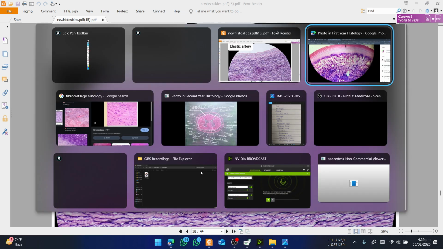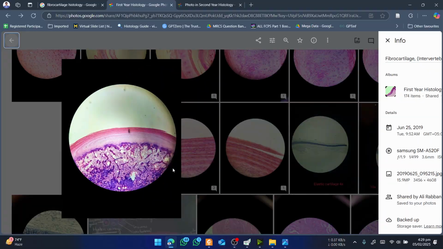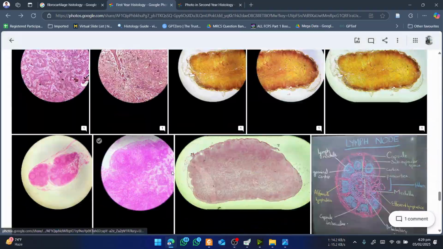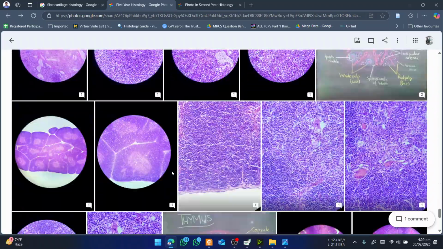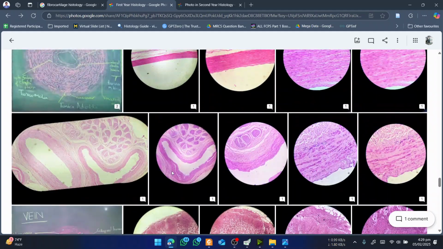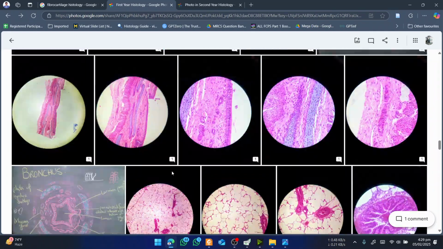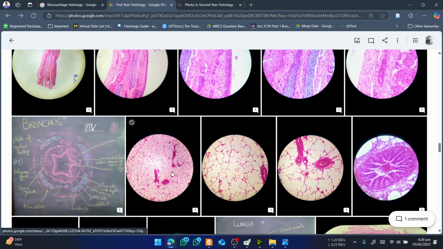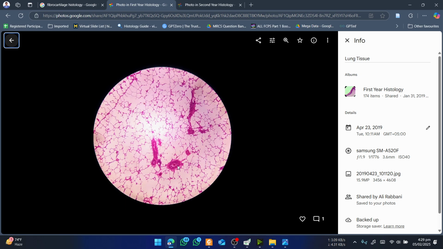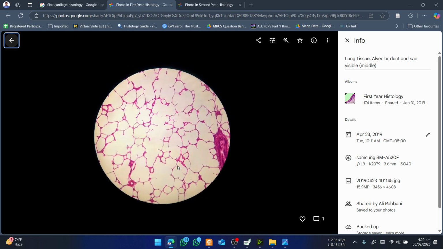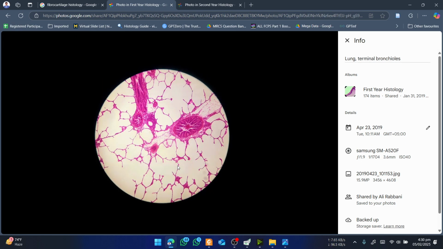Arteries. Let me see if I have any pictures of the respiratory system that need to be discussed before moving on. I think that's it. There are different pictures. These are alveoli with terminal bronchiole. Terminal bronchiole means the smallest bronchiole, which does not have any cartilage in it. These are the alveoli.